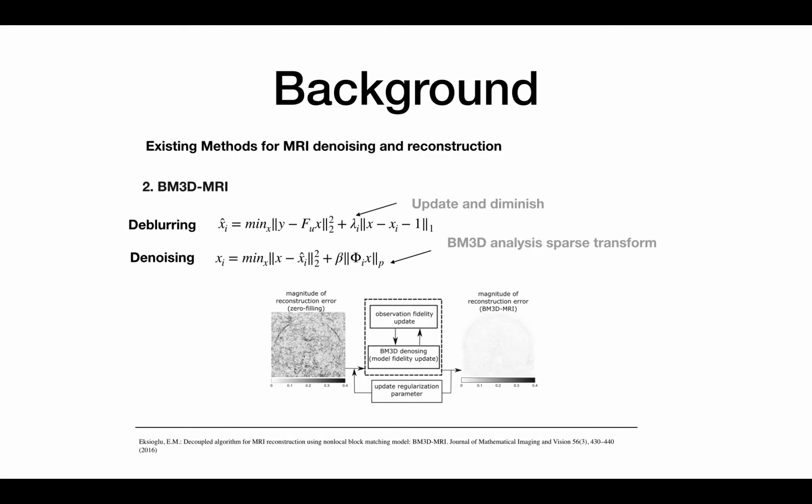And in BM3D MRI, the authors decoupled the problem into two steps. The first is a deblurring problem, and the second is a denoising problem, which is realized by a 3D analysis sparse transformation, and by updating the estimated result iteratively, we can get a BM3D sparse result, which tends to be a good denoising result.